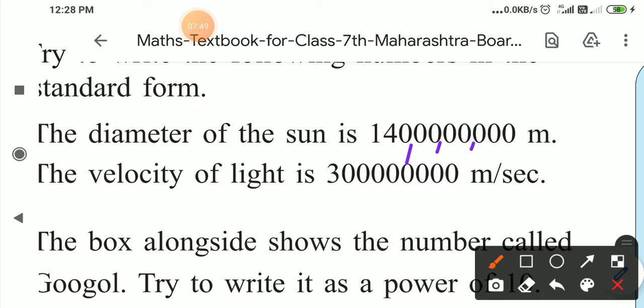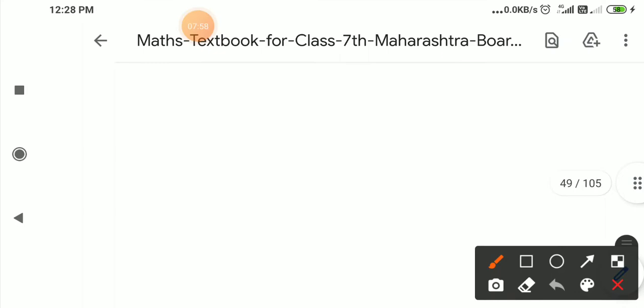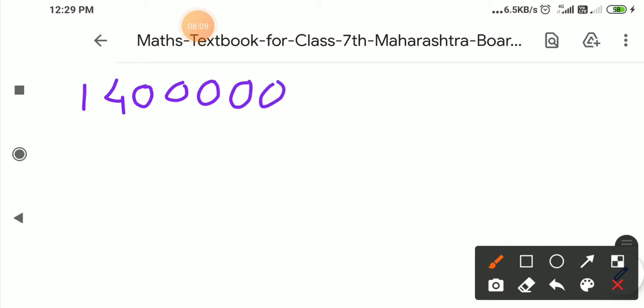So how to write this? First of all, we have to decide where you want the decimal point. I will zoom in and write here. How many zeros are there on it? 1, 4, 0. And how many zeros? 1, 2, 3, 4, 5, 6, 7, 8. So here is a comma, and these are the hundreds, tens and units.